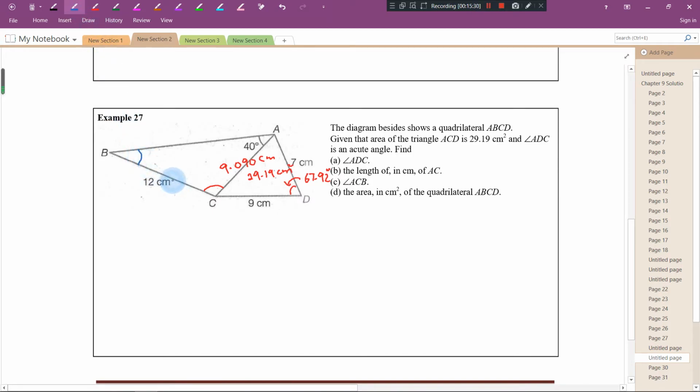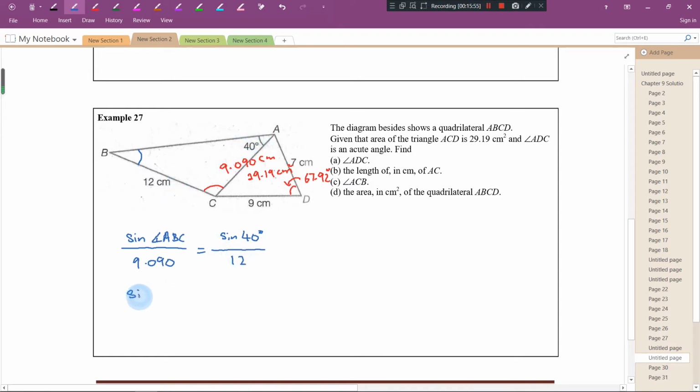So now I'm going to use the sine rule to get this angle. Since I want to find an angle, I put the angle on the top. Sine angle ABC over 9.090 is equal to sine 40 degrees over 12.